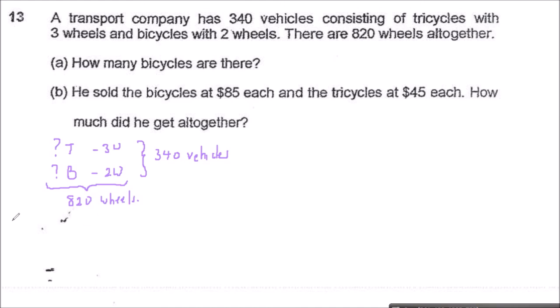Okay, guys, there are two methods. The first method will be guess and check. Guys, I went through guess and check in class. We do not just do guess and check, because sometimes you don't know how long you will need to guess.